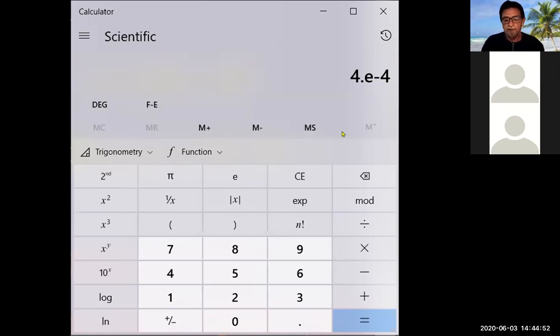Now at this point, if I want to do the math, you do the math like you normally would, nothing different. So now I'm going to take 4 times 10 to the -4 and divide by 1.5 times 10 to the 45th power.